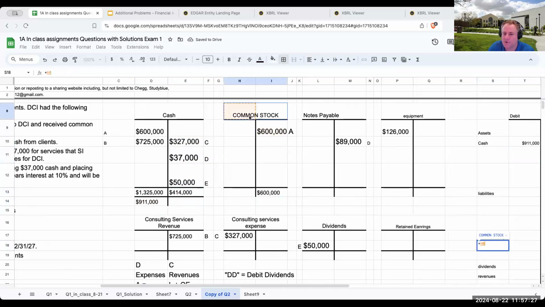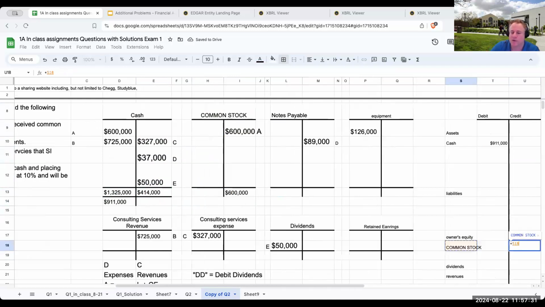Okay. Common stock has a balance. Common stock is part of owner's equity, so owner's equity is going to have a credit balance of $600,000. For my liabilities, notes payable, I can also abbreviate this, at least for my class, with NP. That has a credit balance of 89,000.